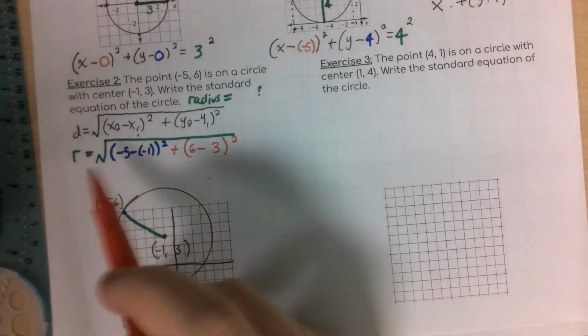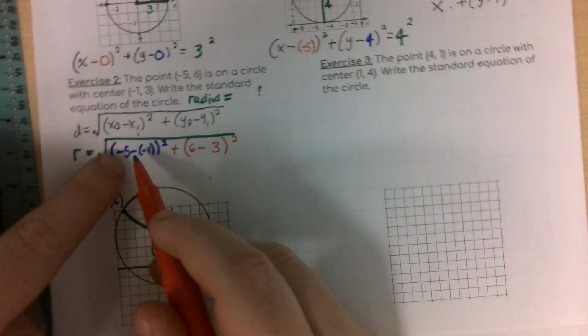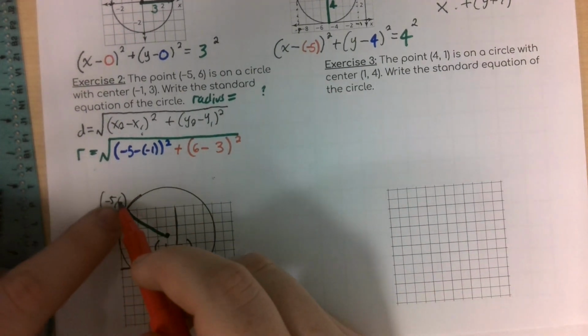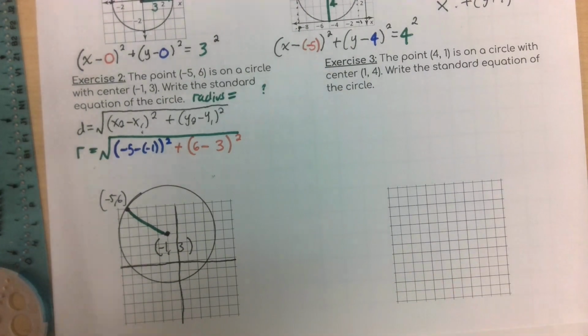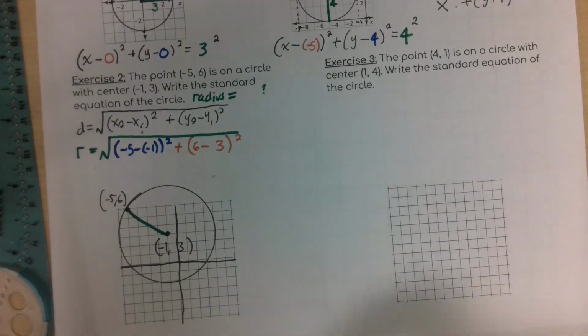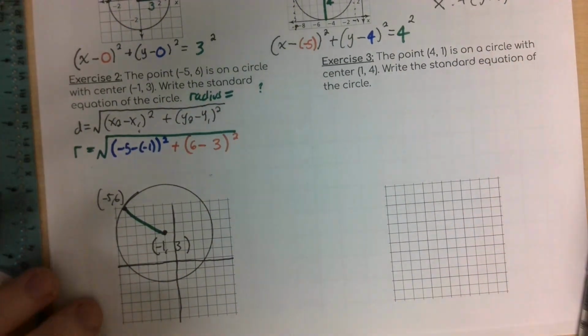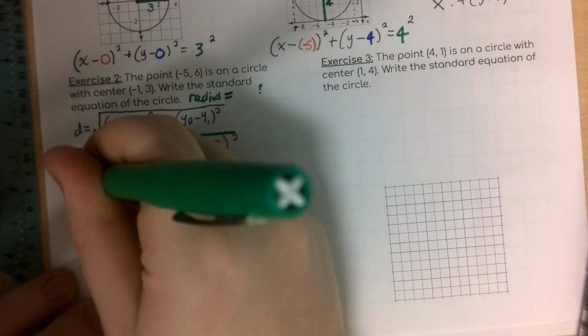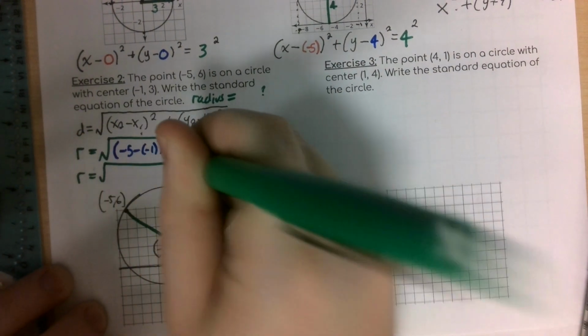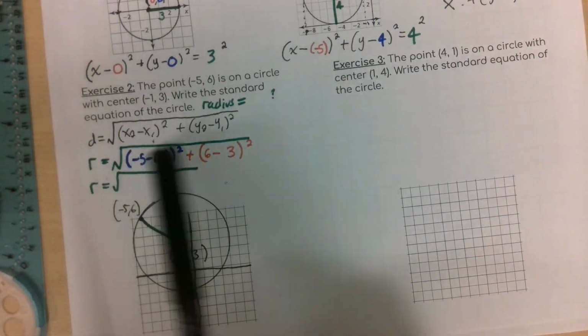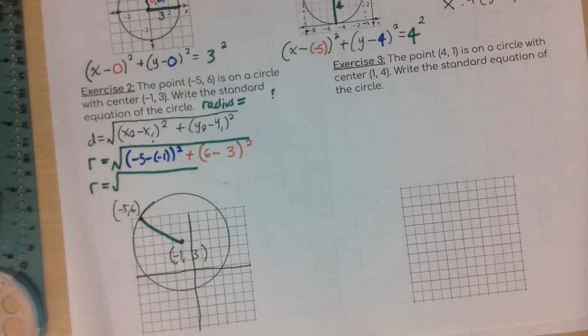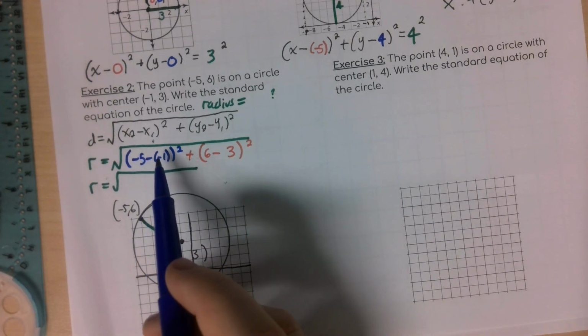Keep the same order you did the first time. If you chose negative 5 as x2, 6 is y2. Alright, let's do this a little bit half mentally. The more you can do mentally, the more time it'll save you. So, negative 5 minus negative 1. Minus and negative is the same as plus, so this is just negative 5 plus 1, or negative 4 squared.